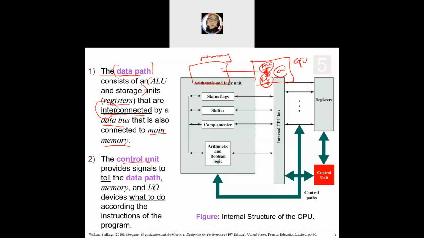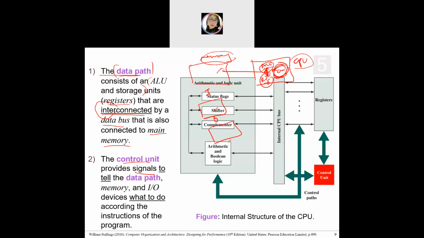While for the CU itself, the control unit, it provides signals to the data path and also memory and input-output. This is memory. You have another one, which is input and also output. These are 4 important elements: memory, input, output, and processor, which is CPU.